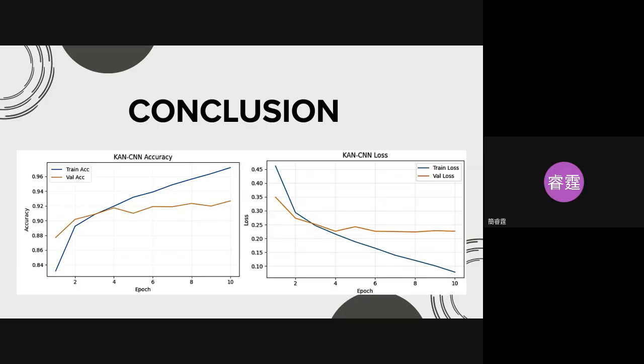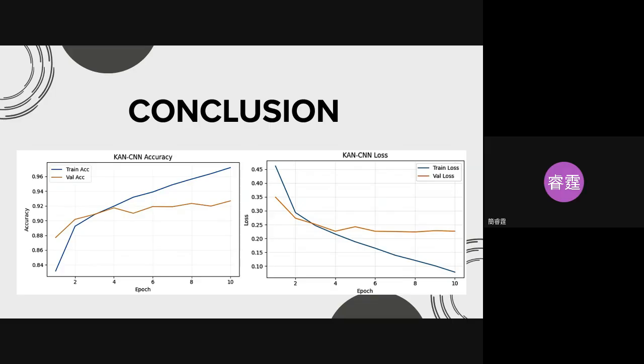Third, the simplified KAN-inspired layer slightly improved the accuracy compared with the baseline. Although the improvement was very small, the additional training time was also limited.